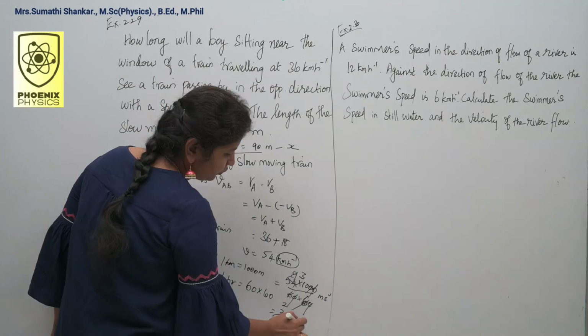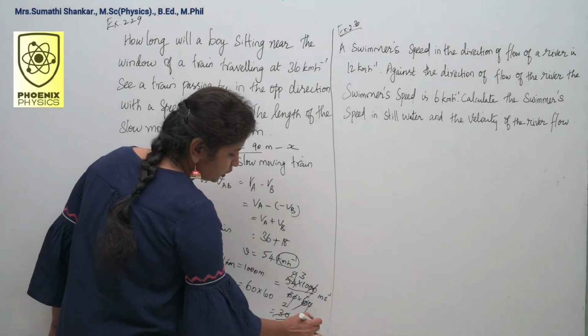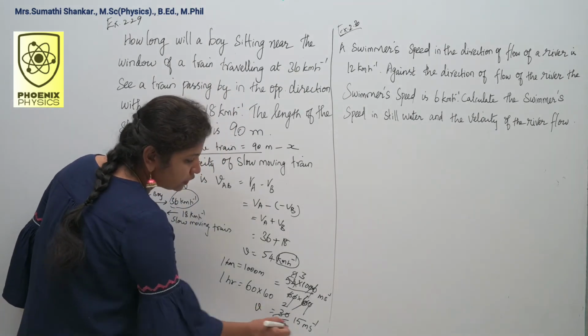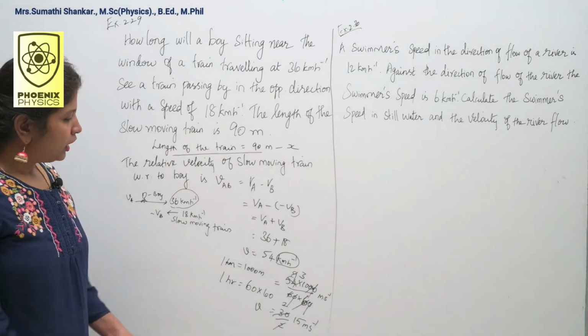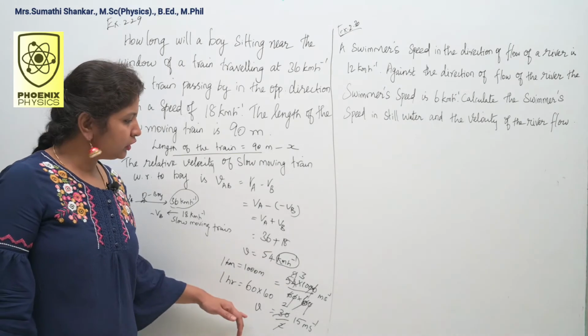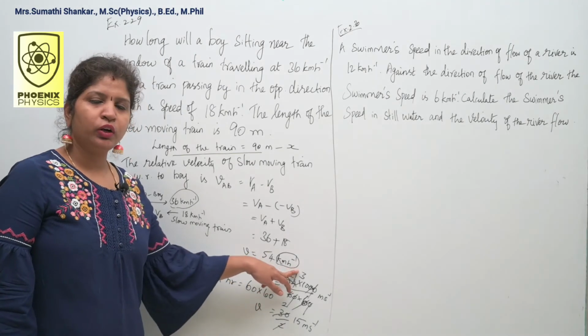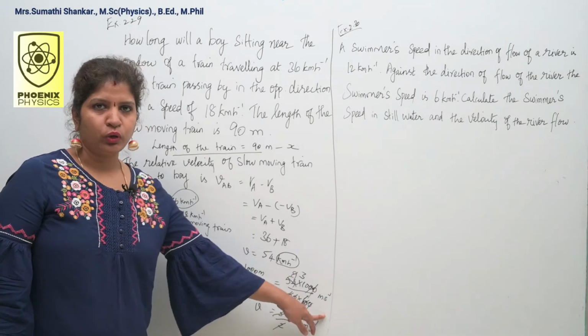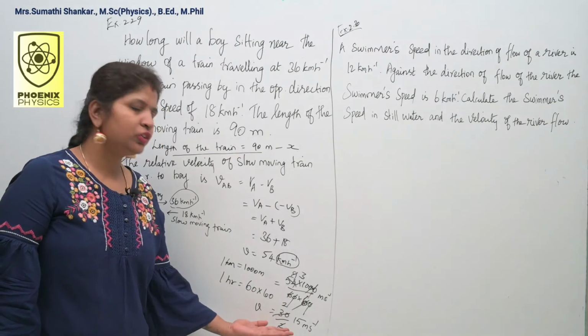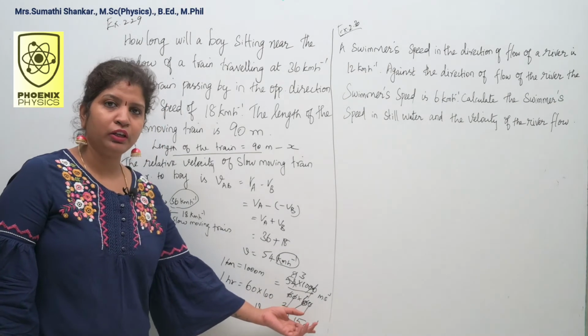This is the unit. So V is 50 meters second minus 1. I just converted km h minus 1 into m s minus 1. So your answer, velocity V is equal to 50 meters second minus 1.